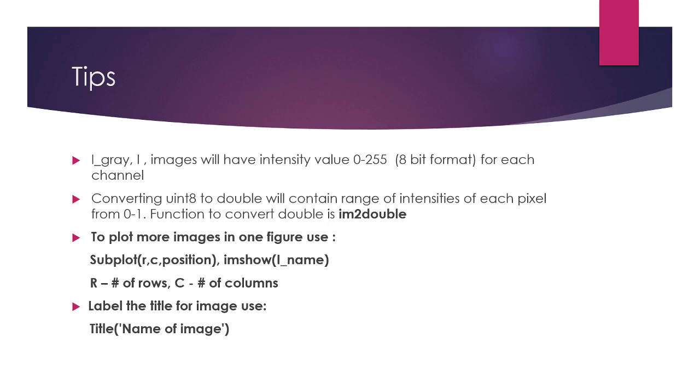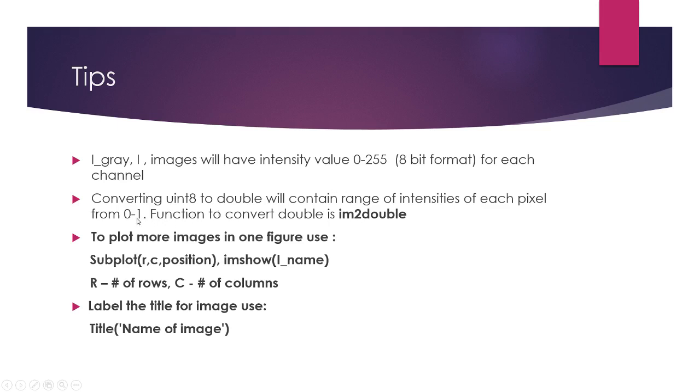Some tips. We have I gray and I as the images, which we just looked at. So these are usually in the 0 to 255 range, which is an 8-bit format. If you want to convert uint8 to double, that means each intensity will be changing from 0 to 1 instead of 0 to 255.